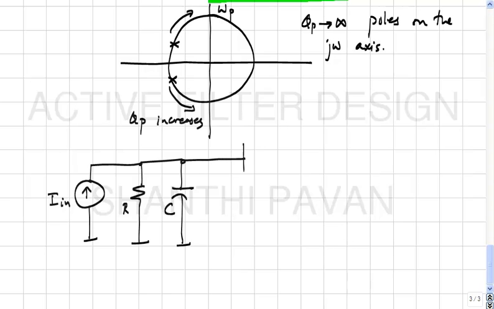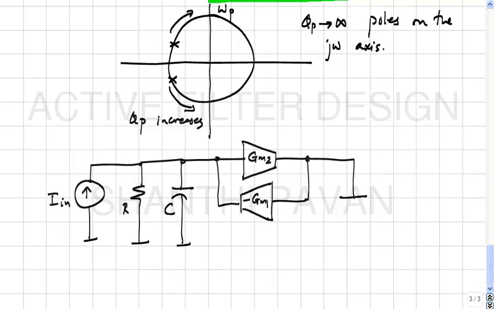Replace it with, let me call this GM2 minus GM1. It doesn't really matter which you make negative as long as one of them is. So let's call this C2 and let me call this C1. All right.